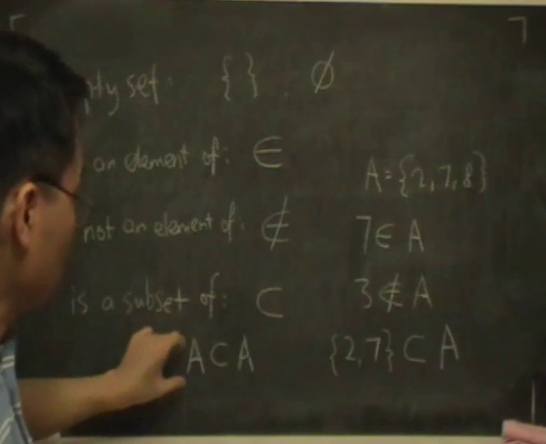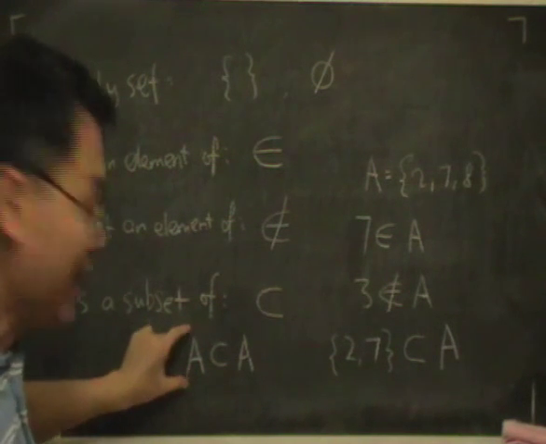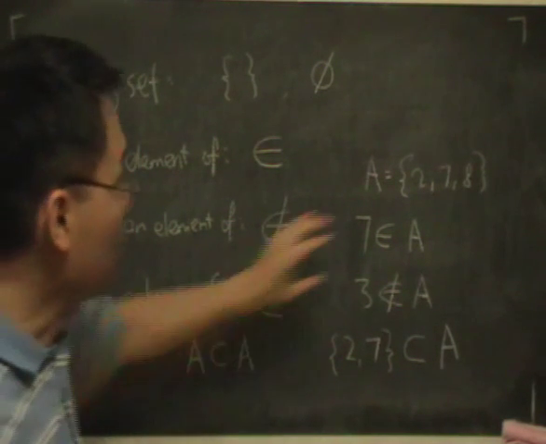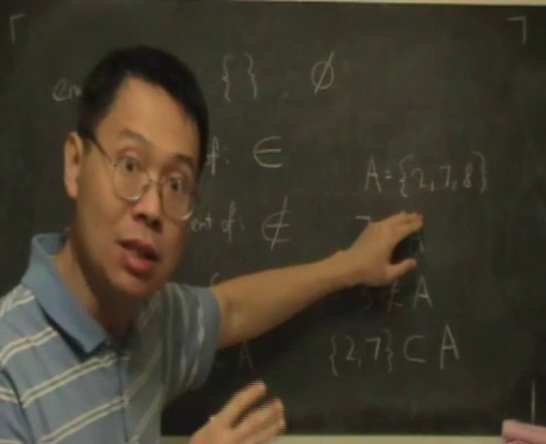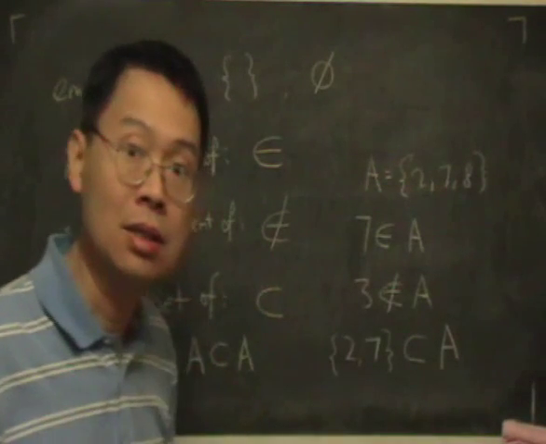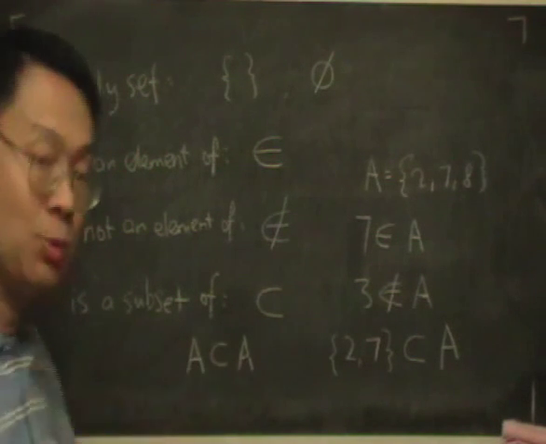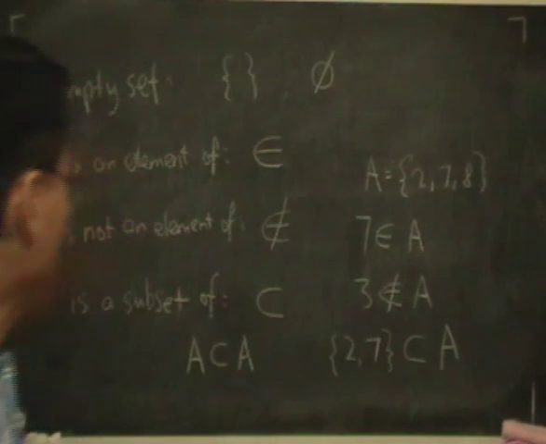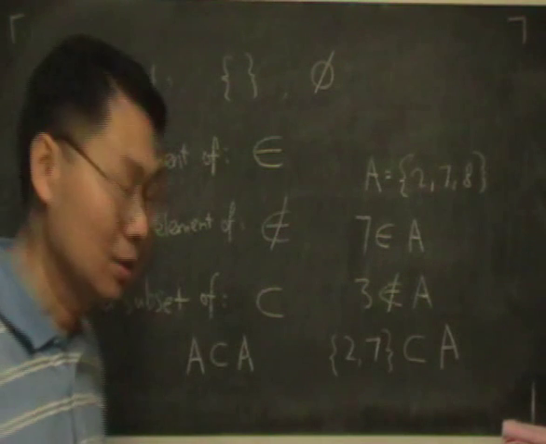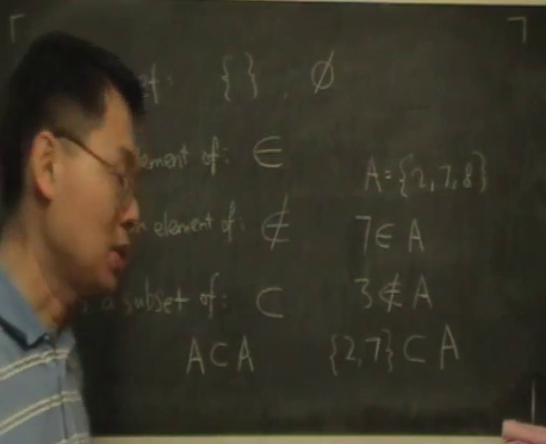So in the special case when the set is A itself, the elements of A are indeed all inside A. So therefore we can also say that A is a subset of A. It's a special case. Does not mean that A is smaller than A necessarily.